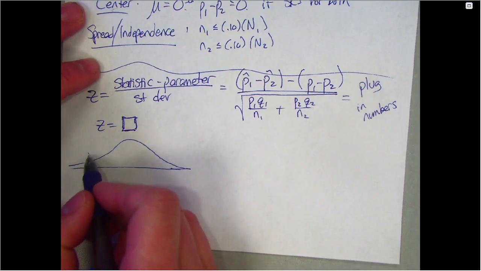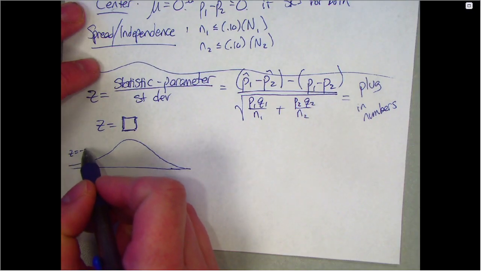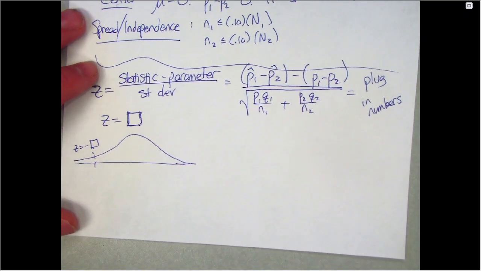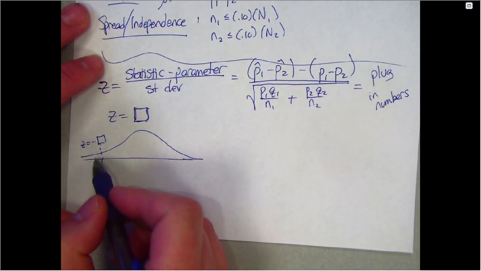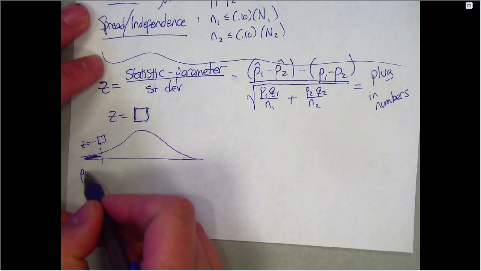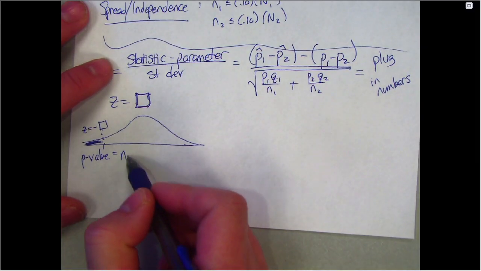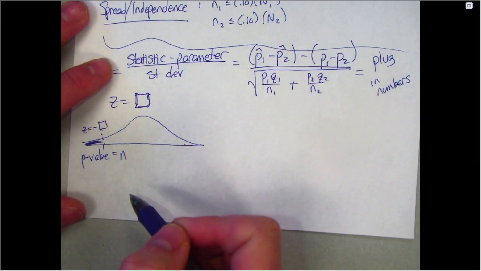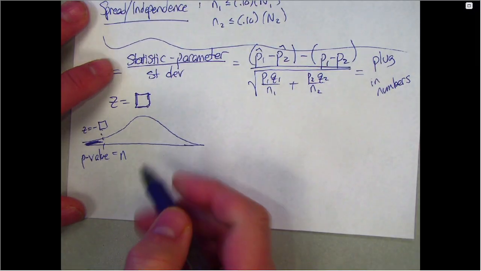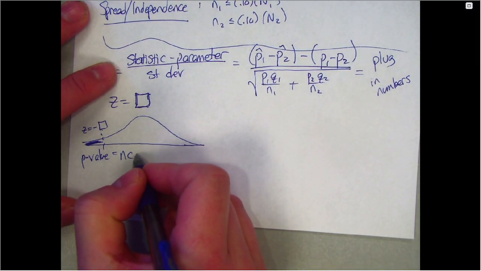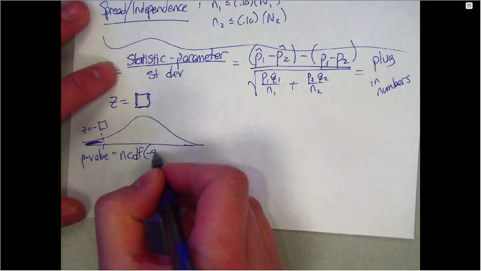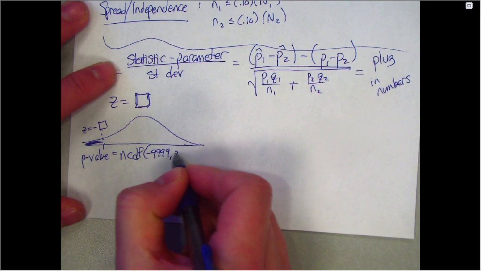Alright, so if Z is negative, whatever. Your p-value, can I write NCDF? Is that a normal CDF? NCDF, negative 9999, up to your Z score.